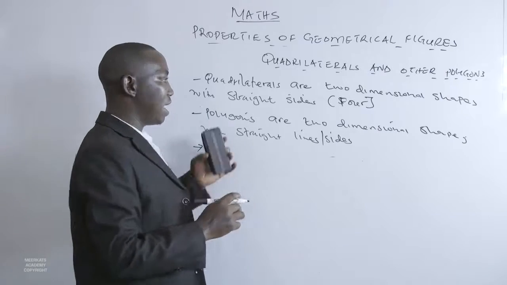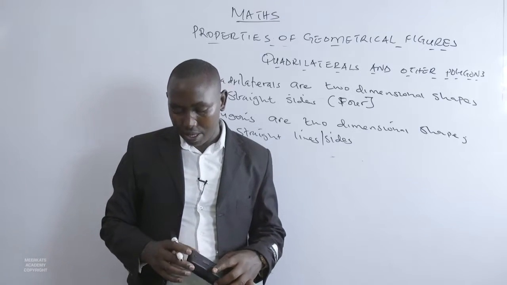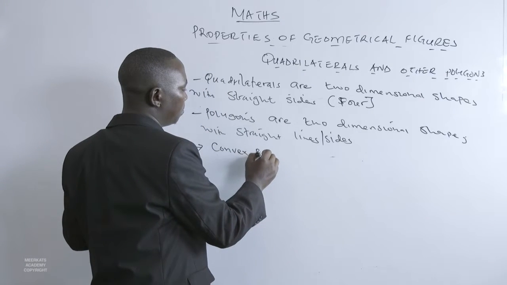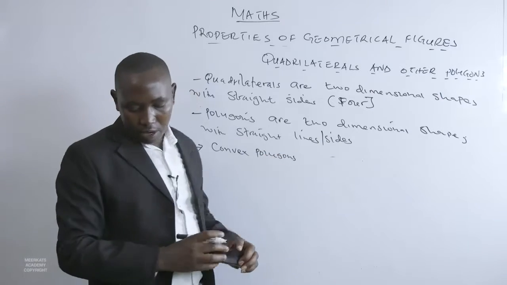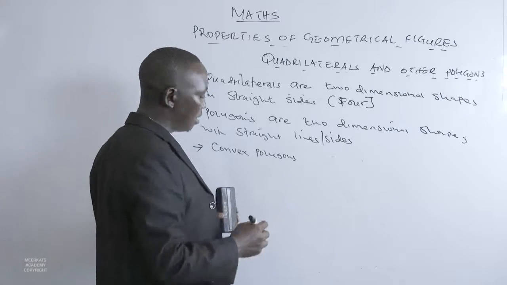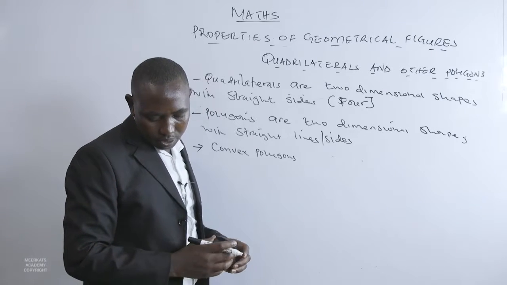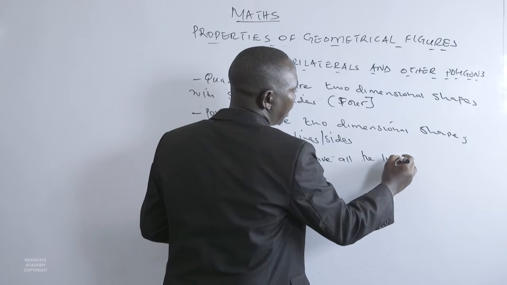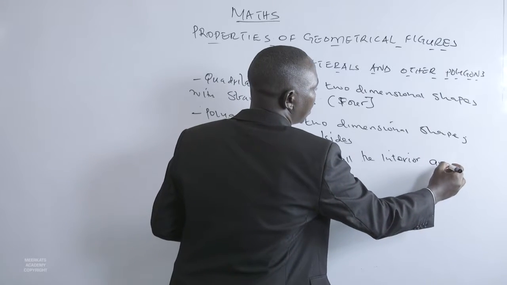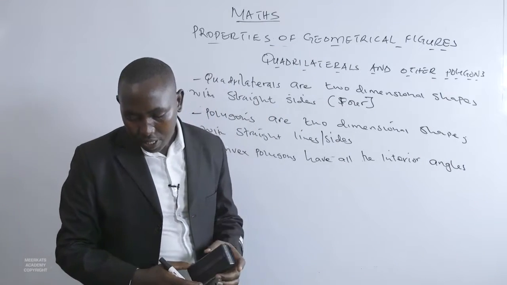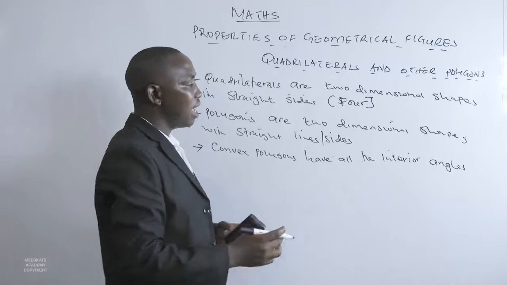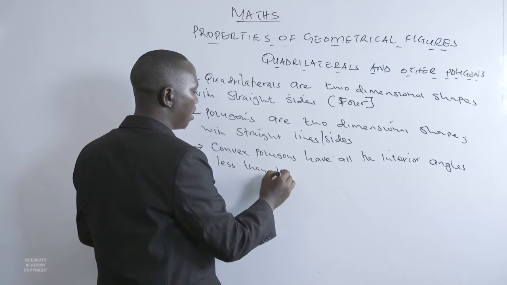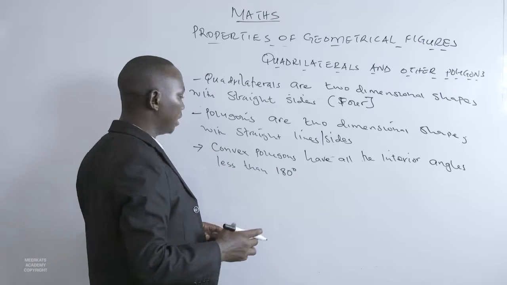Another issue on the same is about the convex aspects. We have convex polygons, and with the convex polygons, all the interior angles are less than 180 degrees.